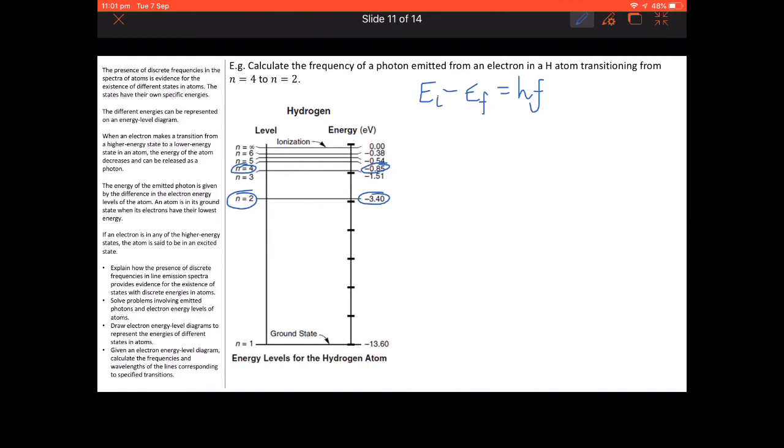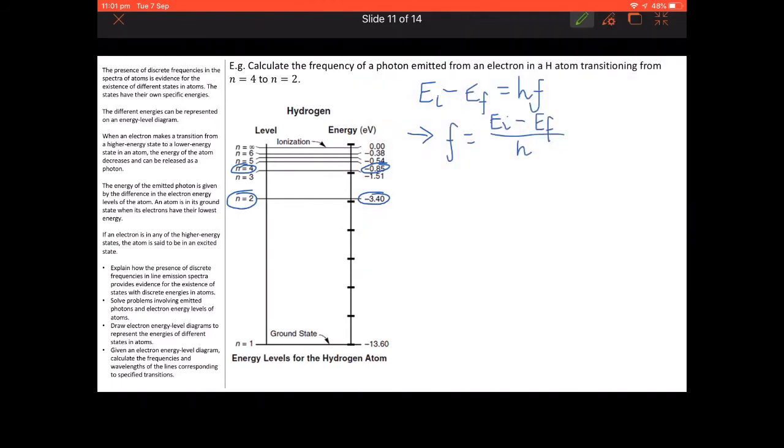And then if we rearrange this, we'll get frequency is equal to the initial energy minus the final energy divided by Planck's constant.